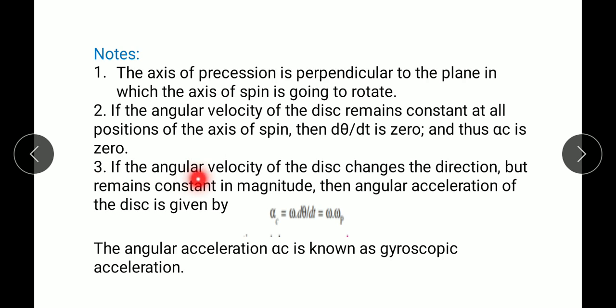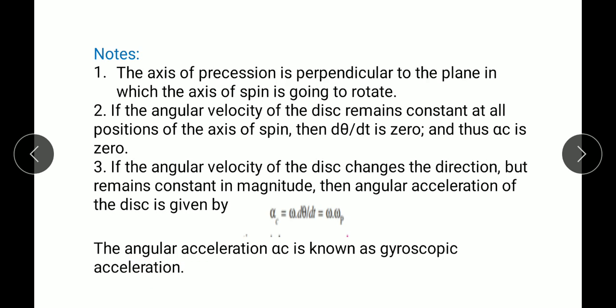So here, if the angular velocity of the disk changes direction but remains constant in magnitude, then the angular acceleration of the disk is given by αc equal to ω dot dθ/dt. Already we know that dθ/dt equal to ωp. Okay. So next, the angular acceleration αc is known as gyroscopic couple.